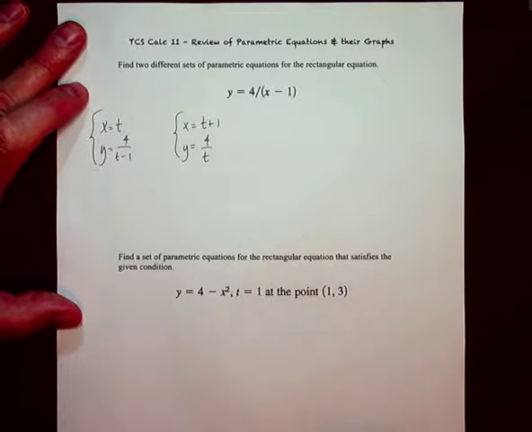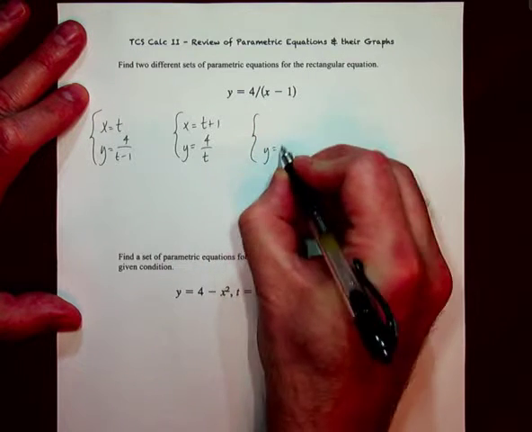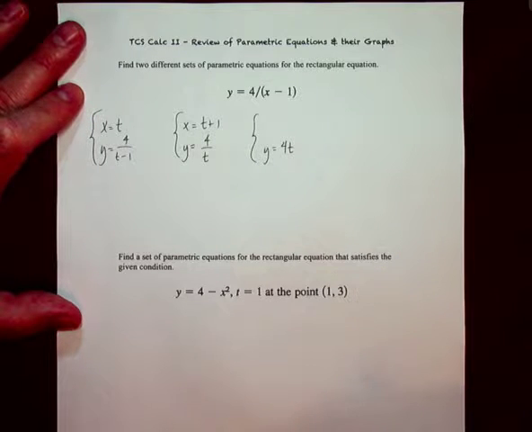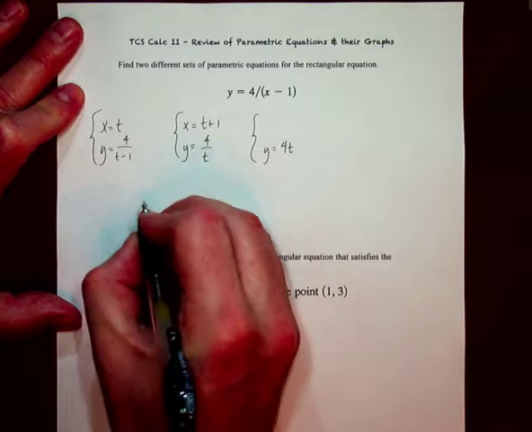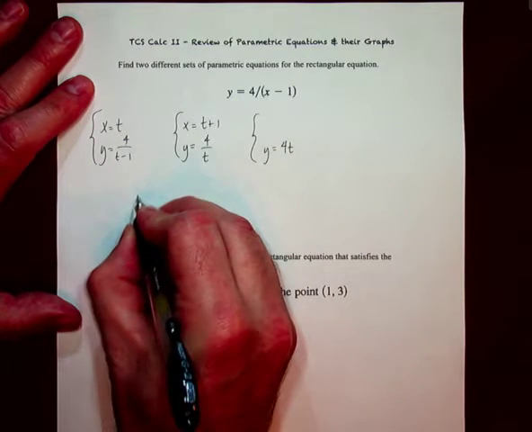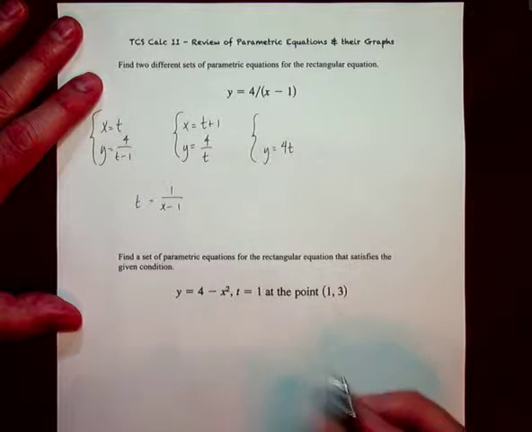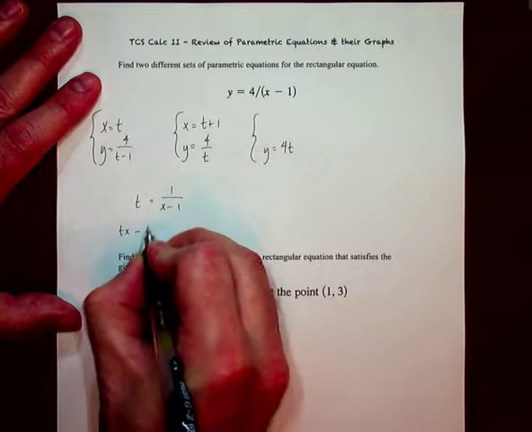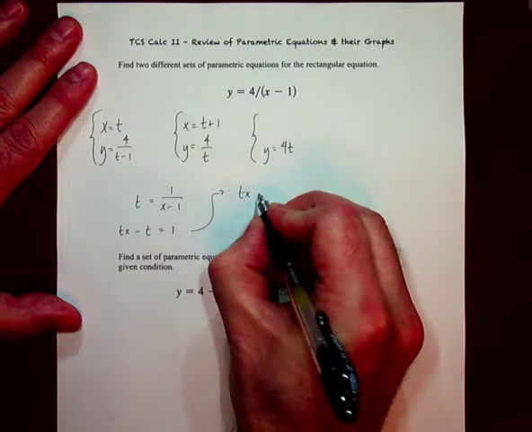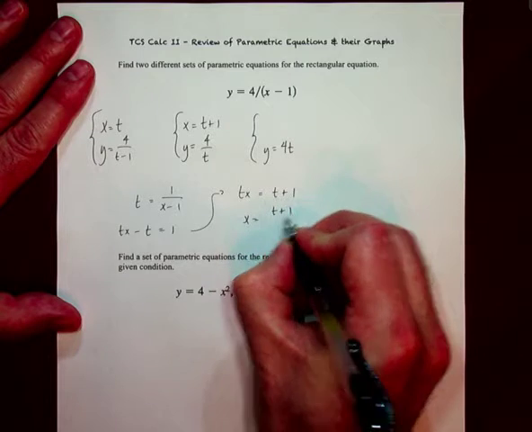Okay, well, what if I wanted to get rid of the denominator for my y, and I just wanted y to be 4t? Okay, well, now we need to do a little bit of work, and we can't do it all in our head. In order for y to become this, t needs to be equal to 1 over x minus 1, which means I get tx minus t is equal to 1, or tx is equal to t plus 1, or x is equal to t plus 1 over t.